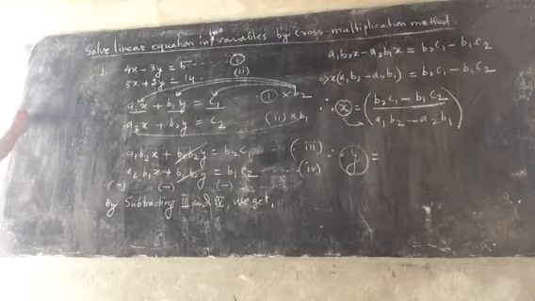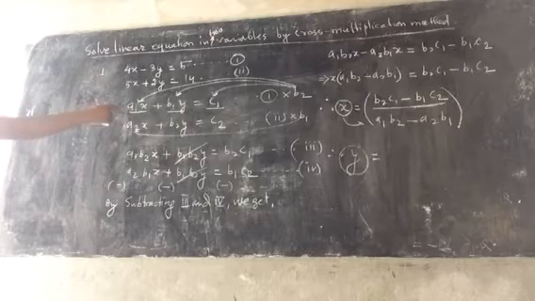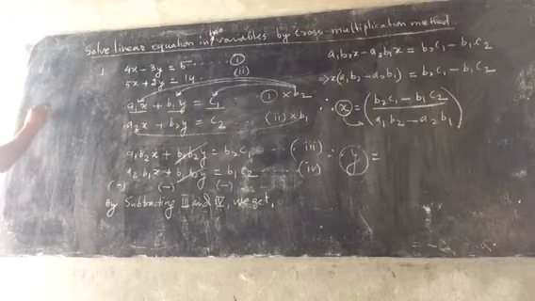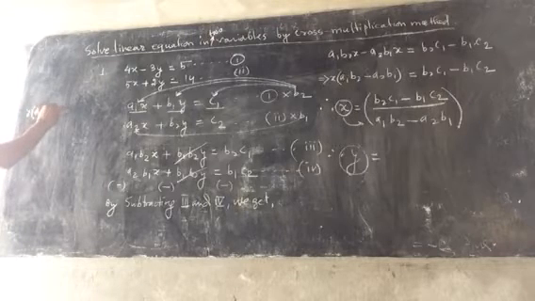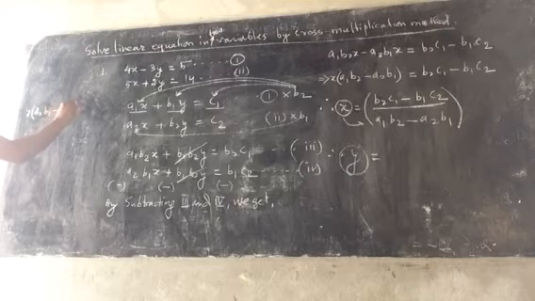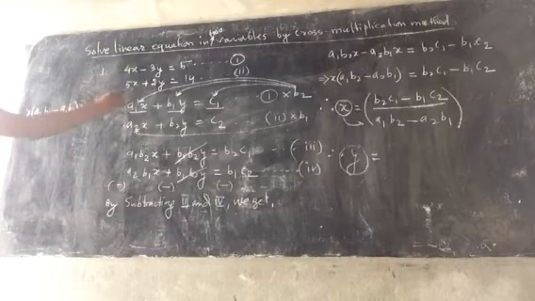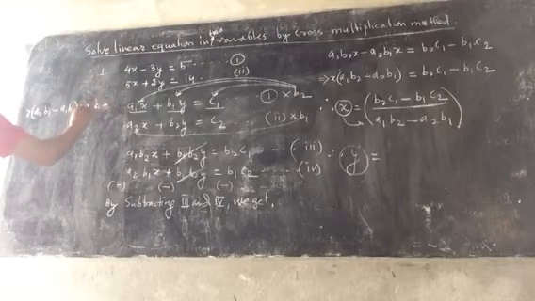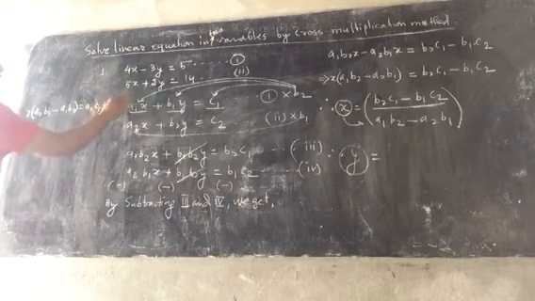It will be y common. We are going to multiply a2. No. a2 b1 minus a1 b2 equal to a2 c1 minus a1 c2.